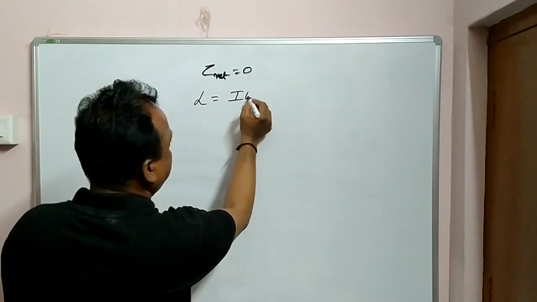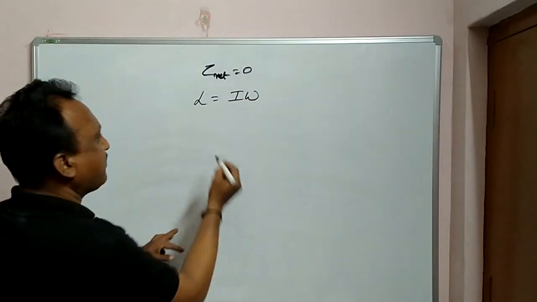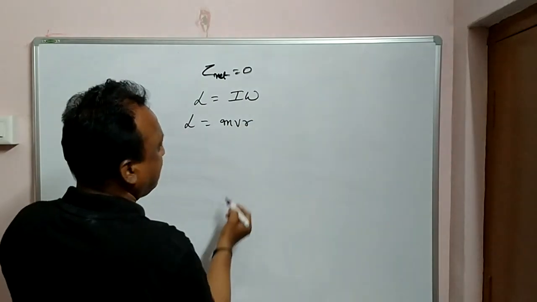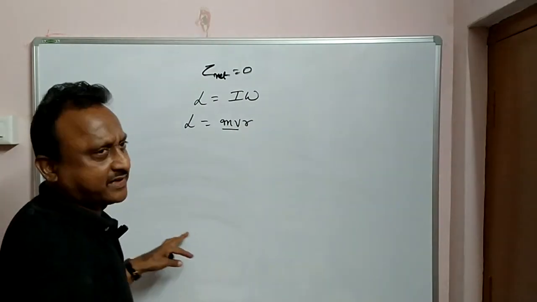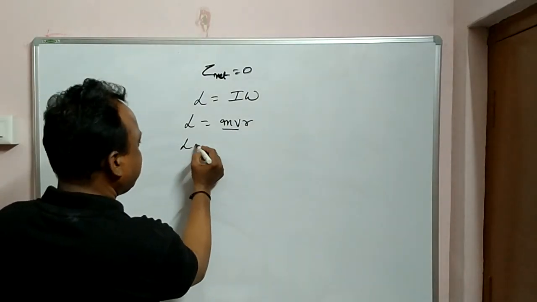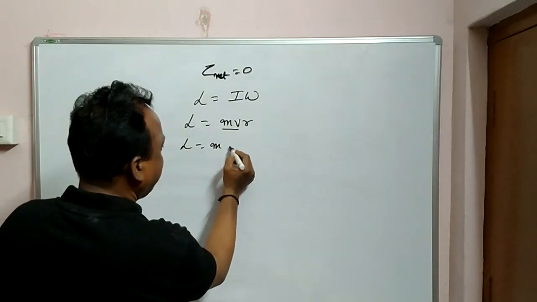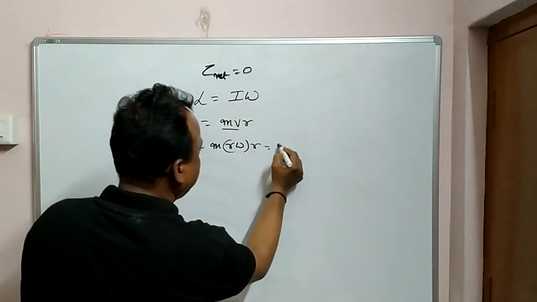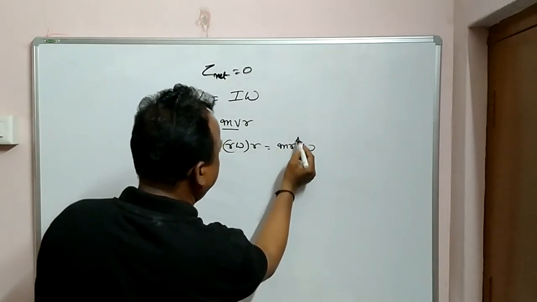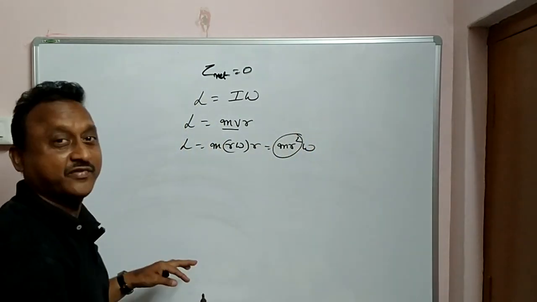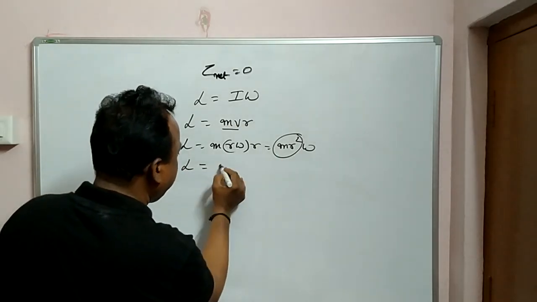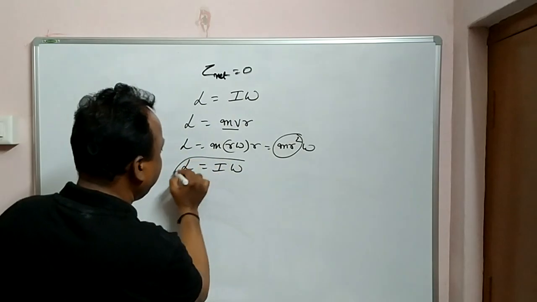L is equal to I omega. మామూలుగా యాంగులర్ మొమెంటం ఏంటి మీకు లీనియర్ మోషన్లో mvr, that is momentum into radius vector. సో L is equal to m, v అంటే ఏంటి r omega. So r omega into r, what happens? m r square omega. What is m r square? I, moment of inertia. So in terms of moment of inertia ఏమవుతుంది? m r square అంటే I into omega.